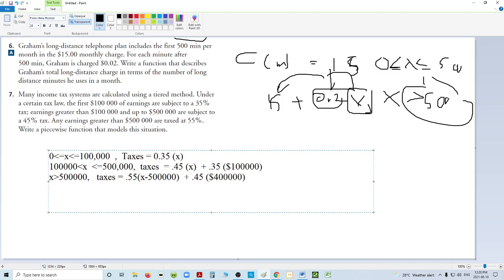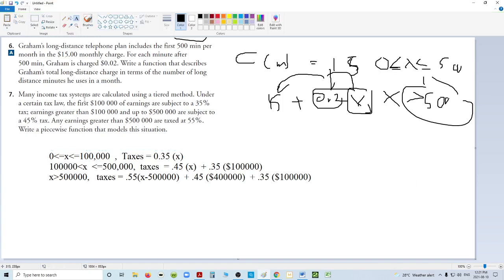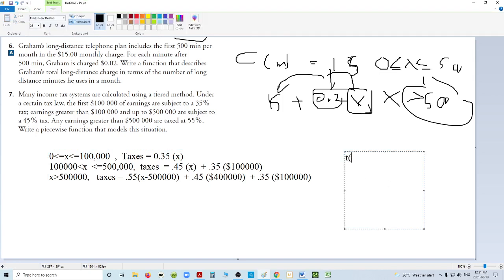Because from 100,000 to 500,000 is 400,000, and we've definitely hit that bracket if we're above, plus 0.35 times the original 100,000. And that should produce a continuous graph that connects all our tax brackets, and it should be a way of determining it. Now, how would I do that in function notation? Instead of taxes is equal, and x, I'd say tax based on income is equal, and then I would have all those conditions, 0.35 times income, and the same thing I just wrote, but with income.